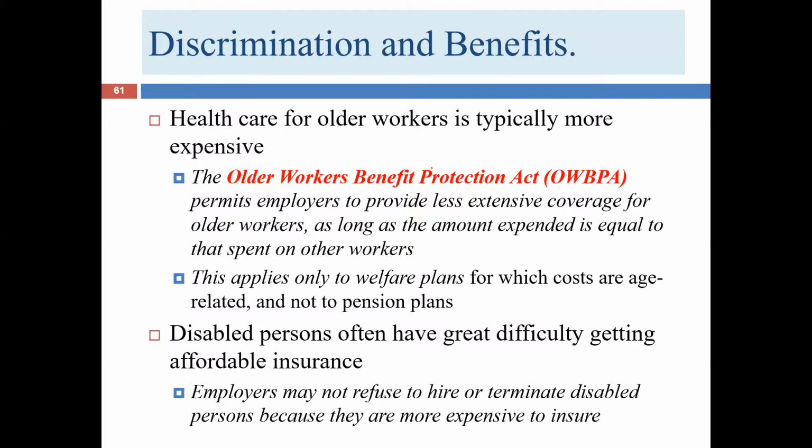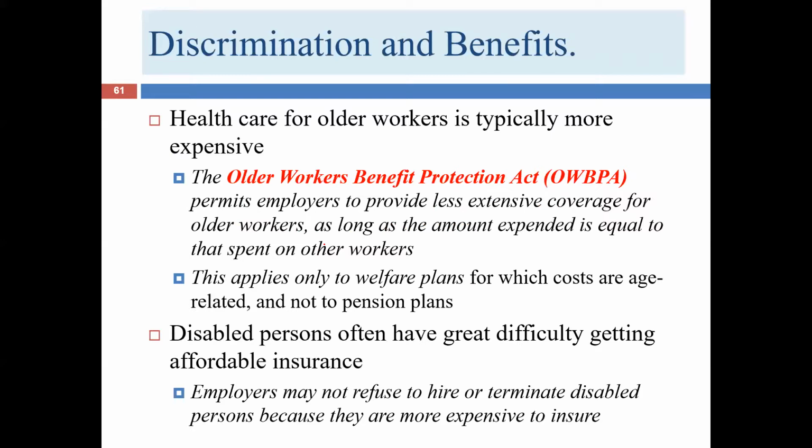Let's talk about some other aspects of the Older Workers Benefit Protection Act. This permits employers to provide less extensive coverage for older workers as long as the employer is spending the same amount as it's spending on other workers. The fact is that older workers typically use health insurance more extensively.